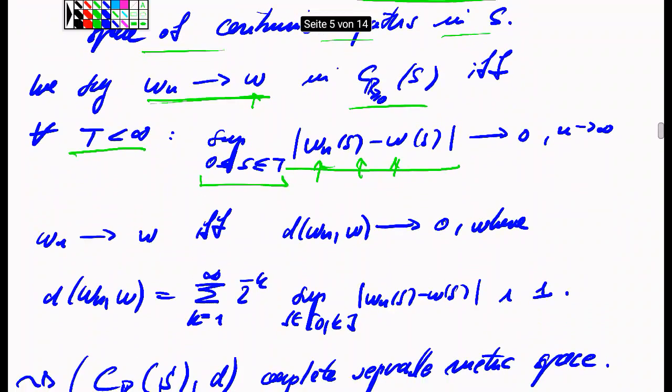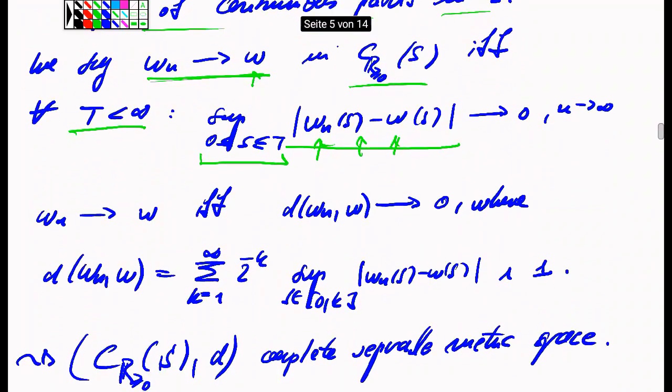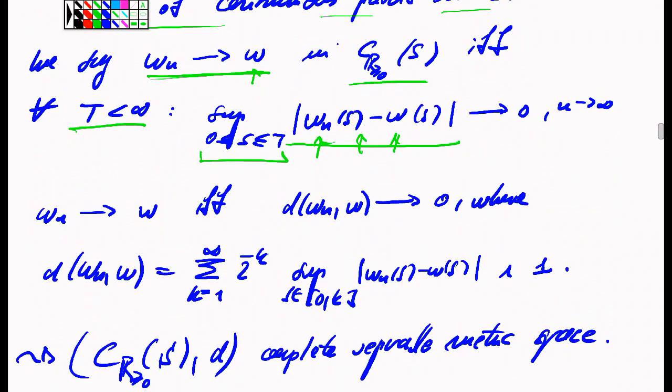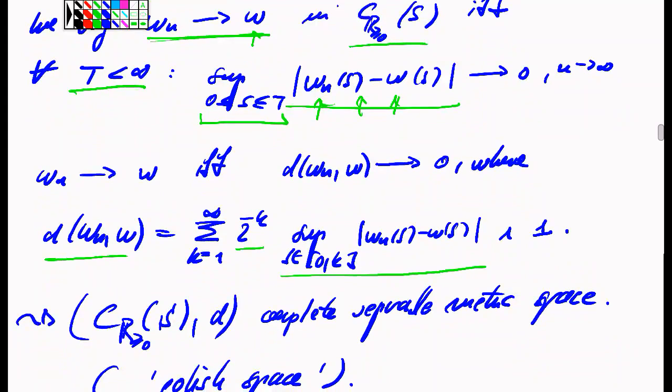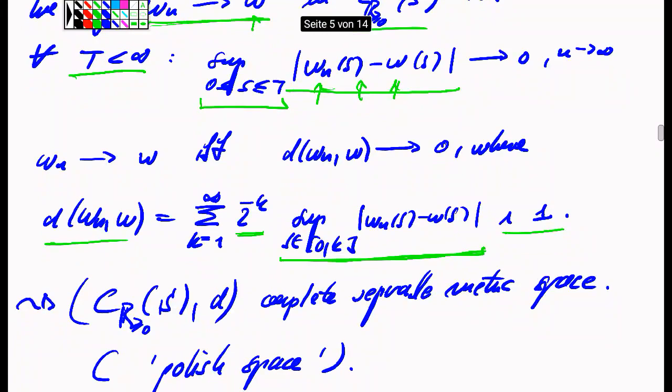And we can also put a metric on the collection of paths which exactly metrizes this topology. Namely, we say that the distance between two paths, omega_n and omega, is this weighted sum of supremum norms, where we truncate the supremum with 1, but on each of these growing intervals we take the supremum between these two trajectories, omega_n and omega, and this is then multiplied with the converging factor 2^(-k).